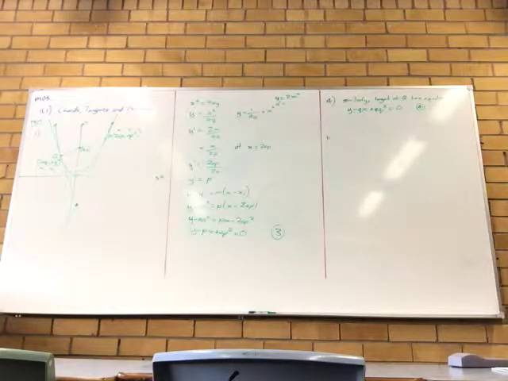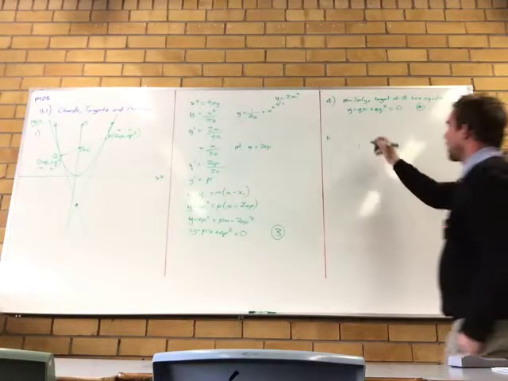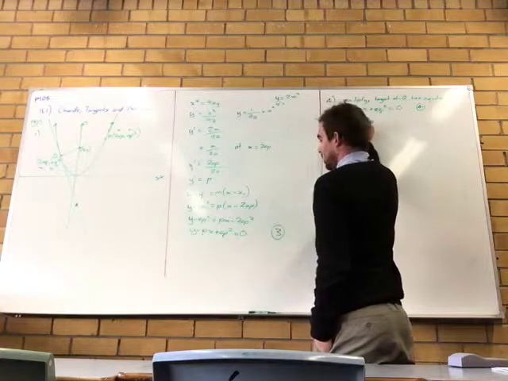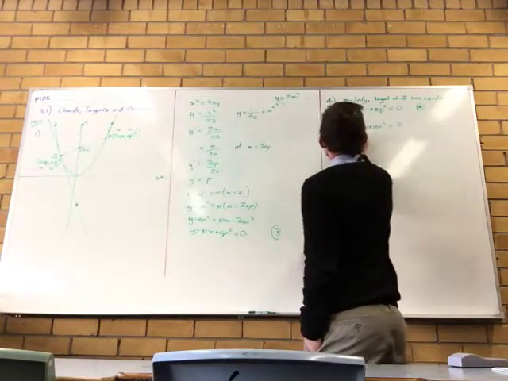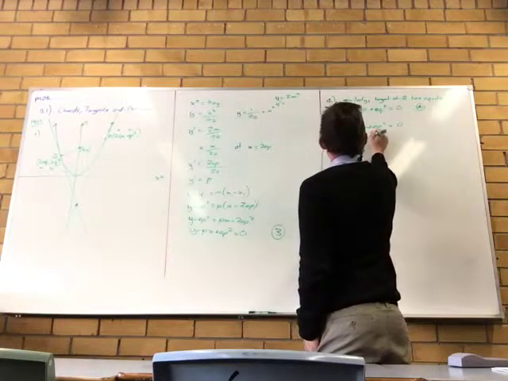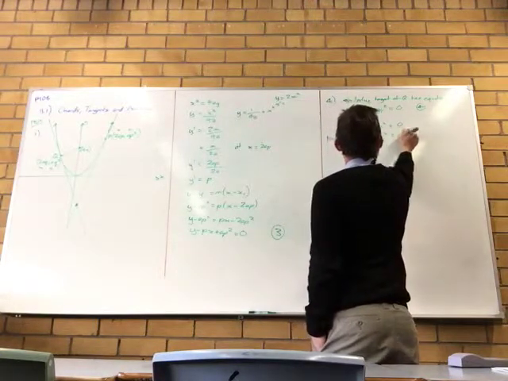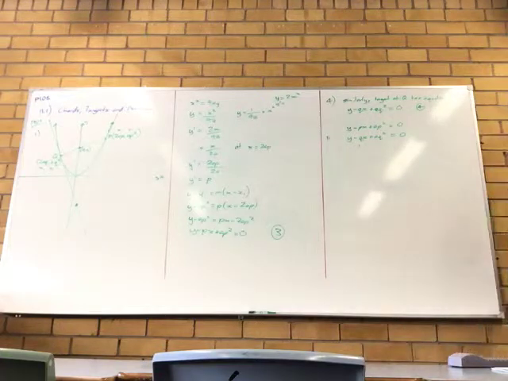We now need to solve these two equations simultaneously. So let's just write them both underneath. y take away px plus ap squared is 0. y take away qx plus aq squared equals 0. Right, so how are we going to solve this simultaneously?